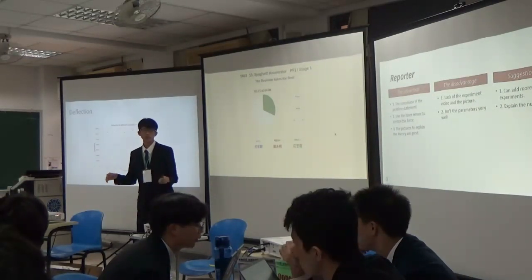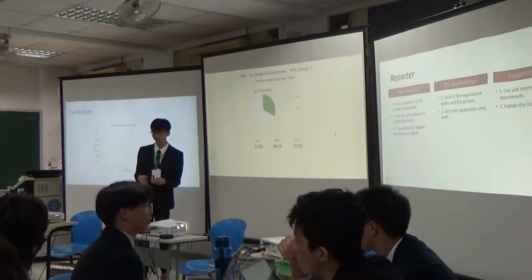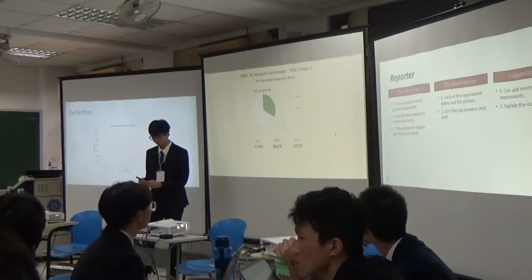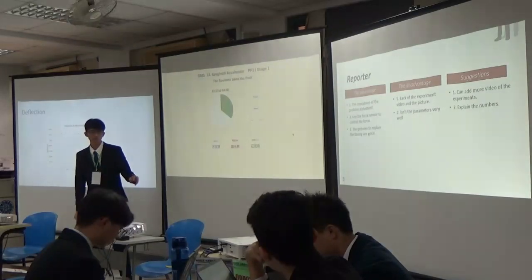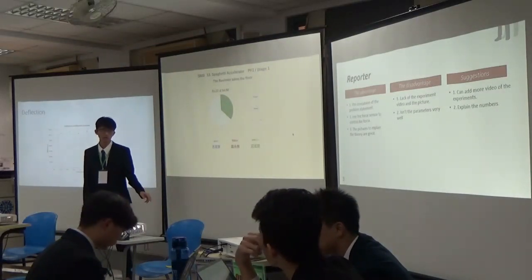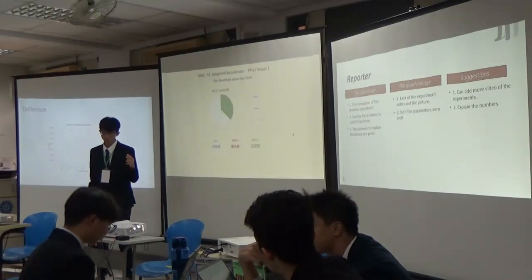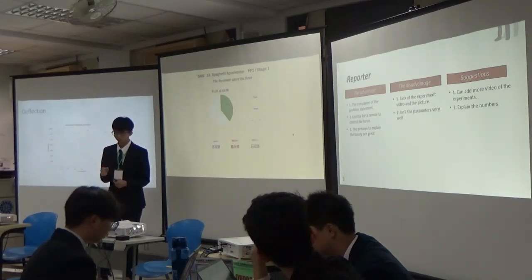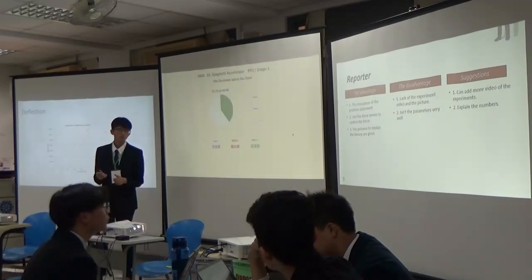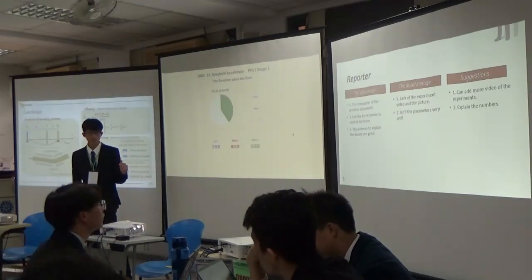But she lacks experiment video and pictures, because we need a picture and a video to understand the experiment faster. You can use tracker videos to let us know where the spaghetti goes and the spaghetti's velocity.